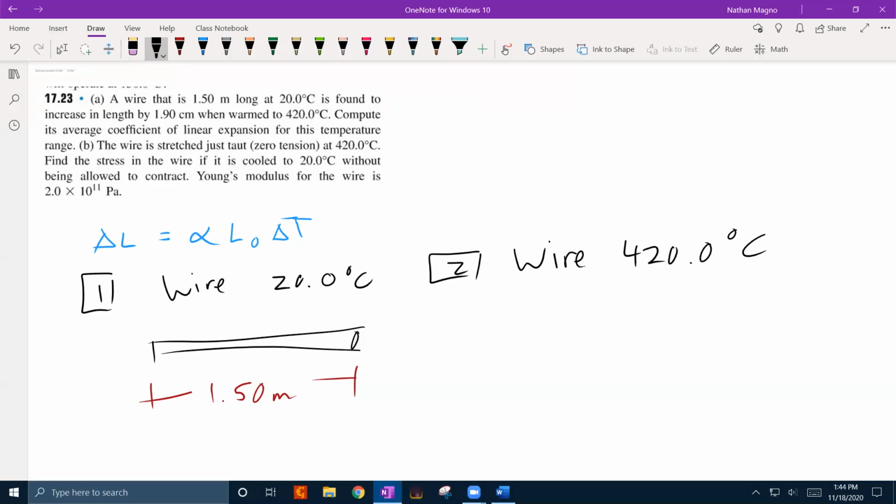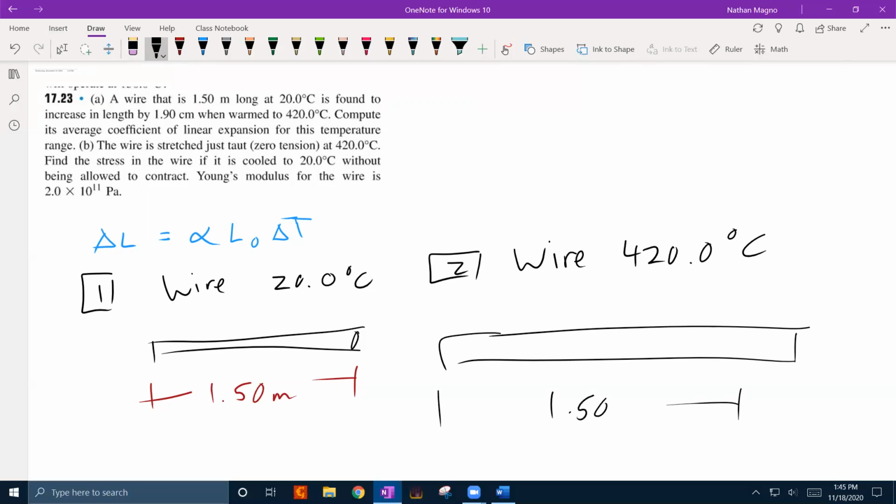That's quite a difference in temperature. It's a little longer. It was 1.5 meters, and it says it changes by 1.9 centimeters. So not too much, but it can make a big difference.